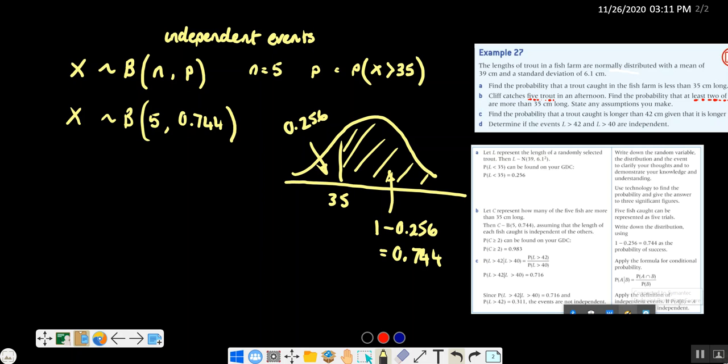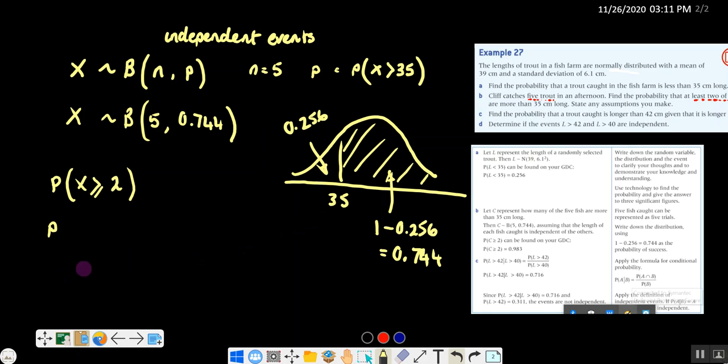All right. So now what do we want? We want to know the probability of at least 2 or more. So we want the probability that X is greater than or equal to 2. How do we do that?